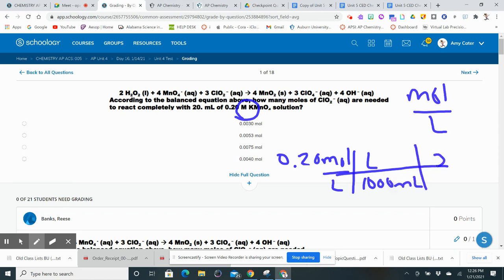And we had 20 milliliters of solution. So to find our moles, we would take 0.2 divided by 1,000 times 20. And that should give us the correct number of moles. And then that would be moles of MnO4.